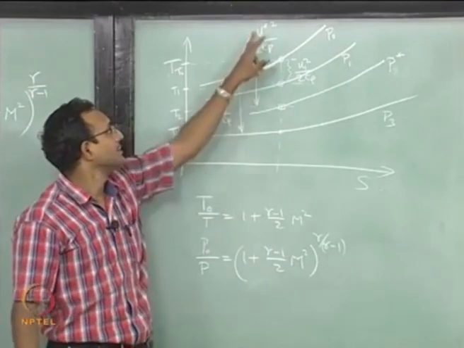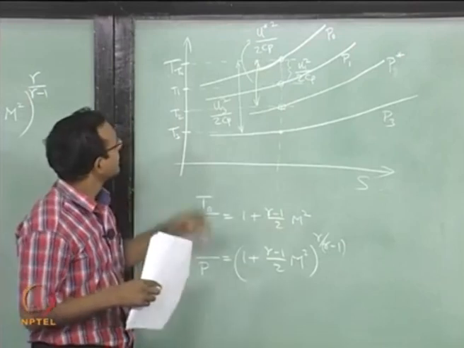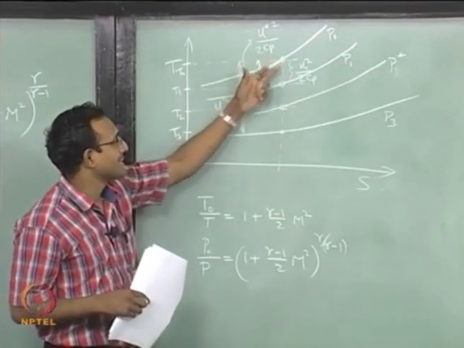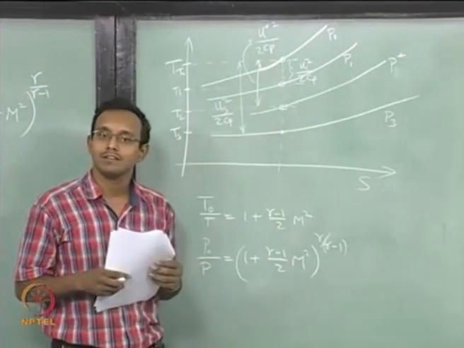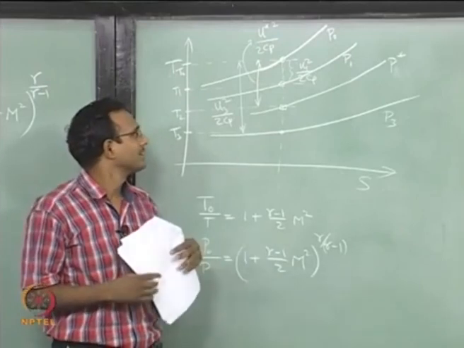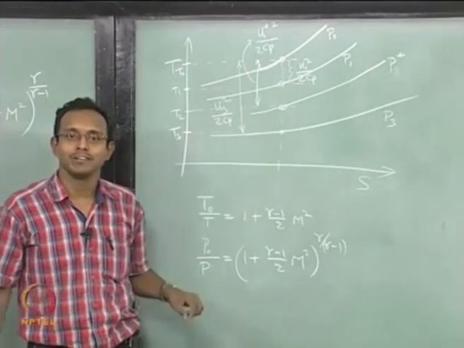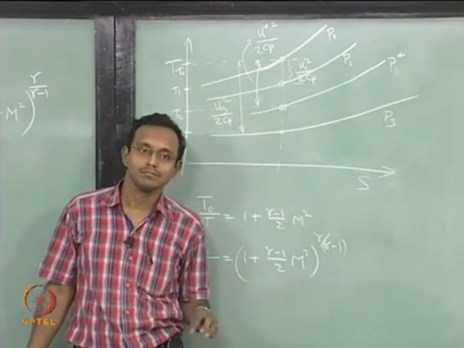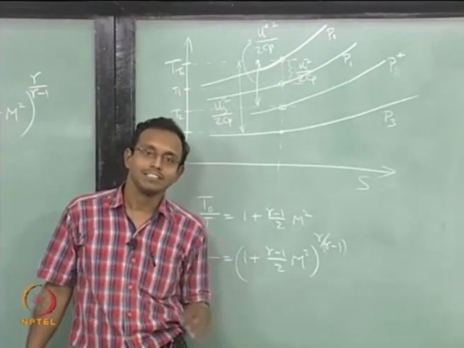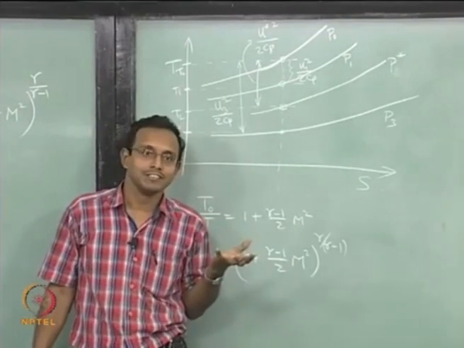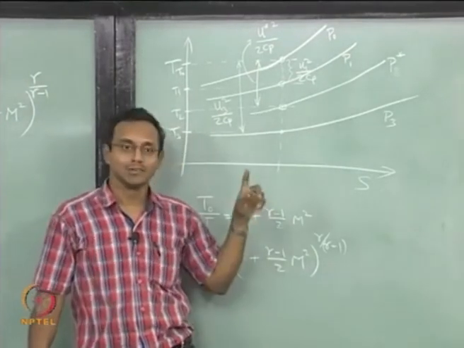You can write it that way also. What is essentially happening in this whole process of accelerating the fluid? What is really happening there? I have net energy so much. What is happening to it? It is converting temperature energy into kinetic energy. That is what is happening.